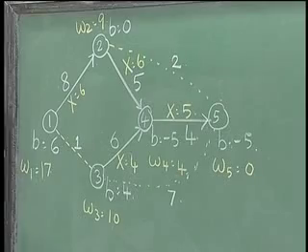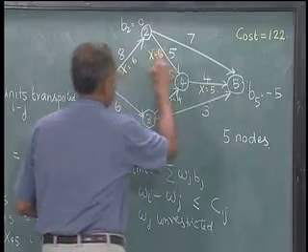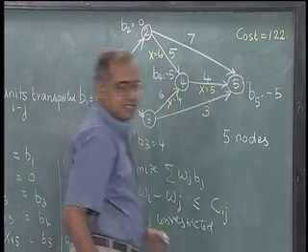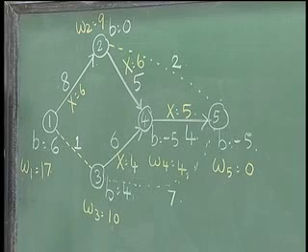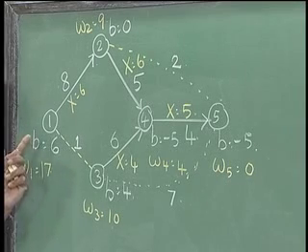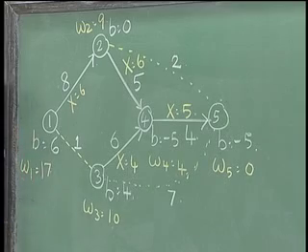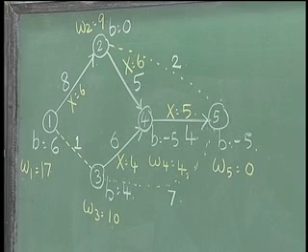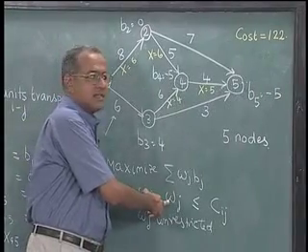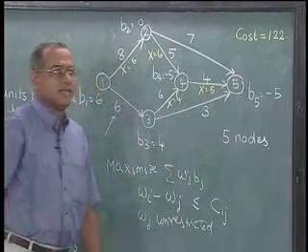So, there are totally 7 arcs, out of which 4 arcs are basic and 3 arcs are non-basic. We computed the value of Wi minus Wj minus Cij, and we observe that in all 3 cases it is positive, indicating that Wi minus Wj is actually greater than Cij.